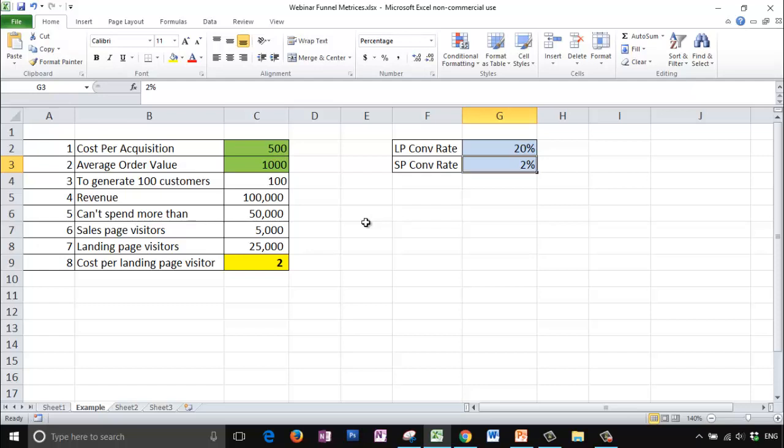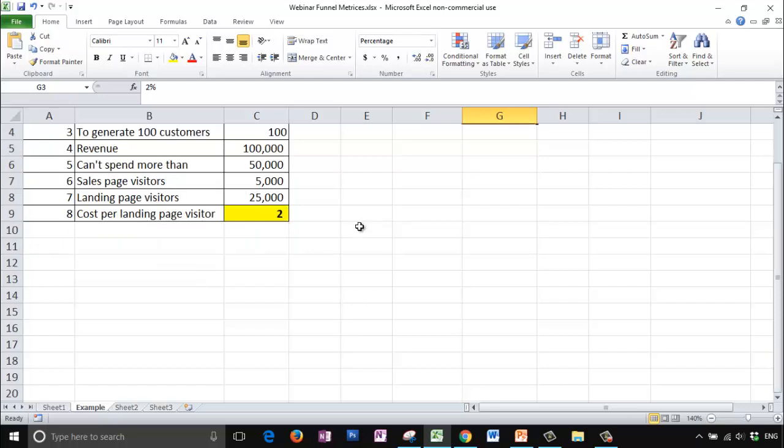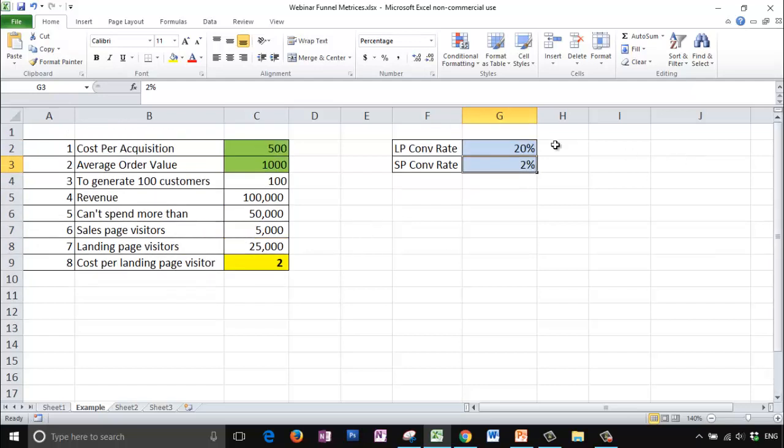So I've taken an average of 2% to start off with. Once you have 30 days of data, you can go back and change these numbers, which are in the blue area, to reflect the true numbers that you're getting. So let's go ahead with 20% and 2% here.